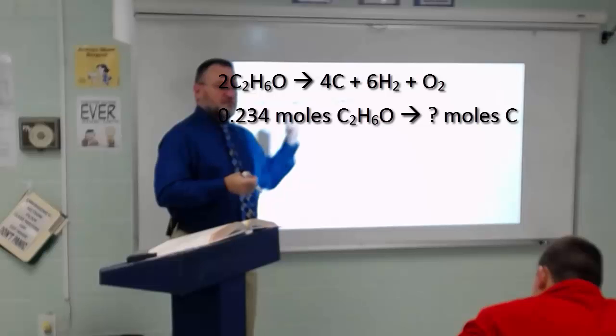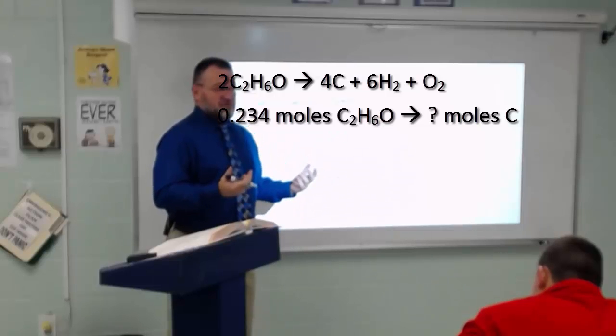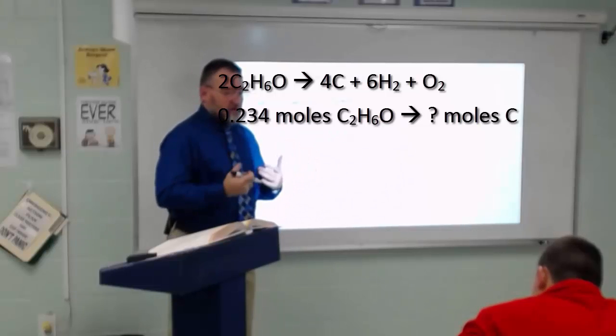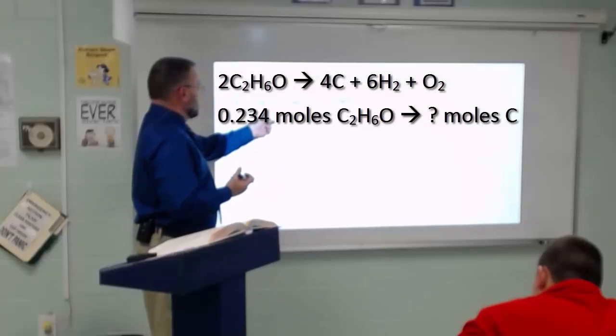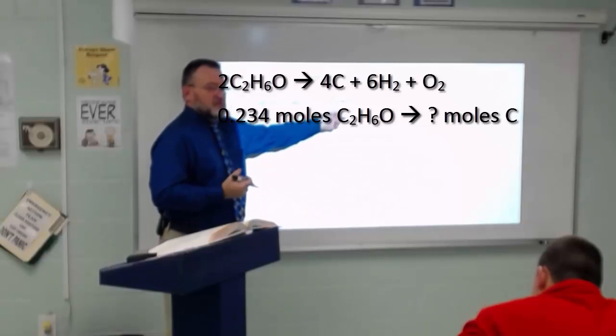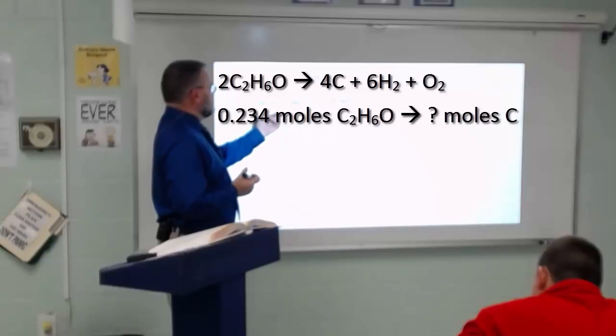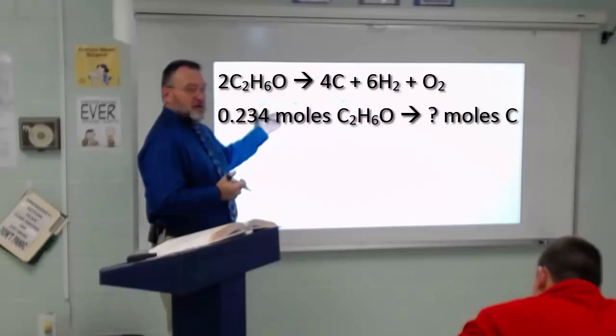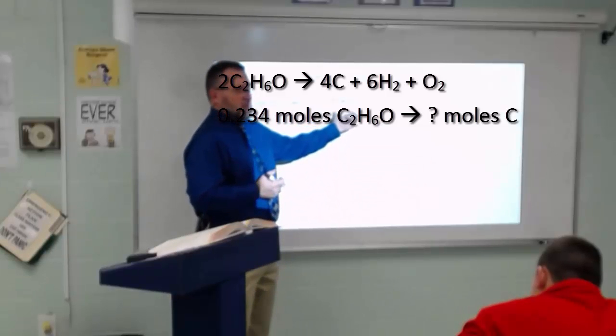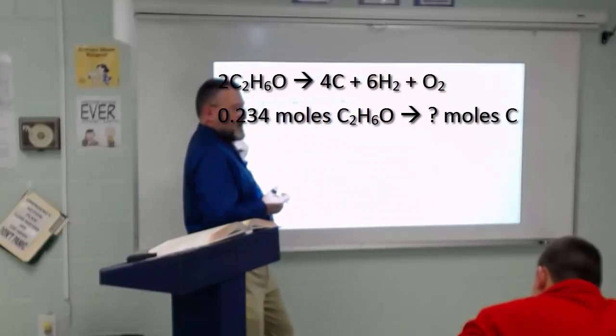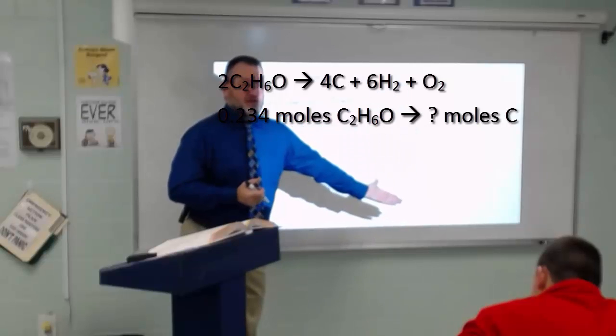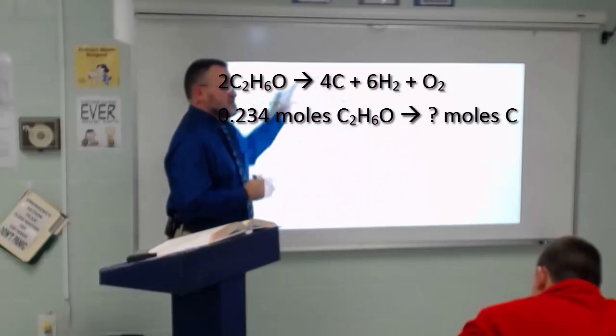How do we go from 2 to 4? It's twice as much, right? So here's the shortcut. If I've got 0.234, how much am I going to have of carbon? Twice as much.